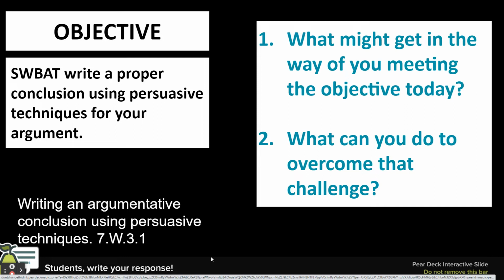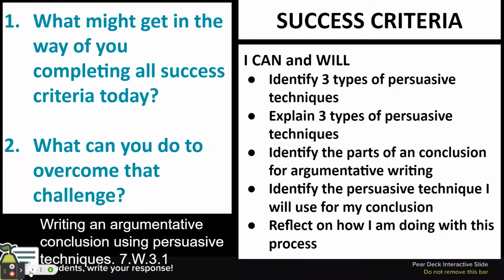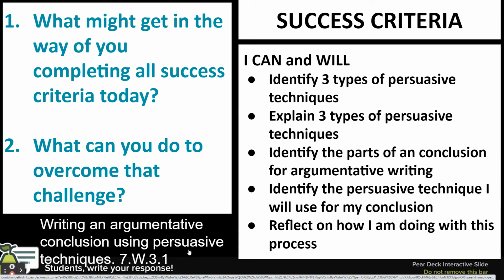And then number 2, what can you do to overcome that challenge? When you look at our success criteria, read over those again on your own. What might get in the way of you completing all success criteria today? And what can you do to overcome that challenge?